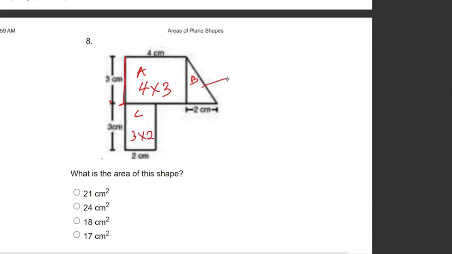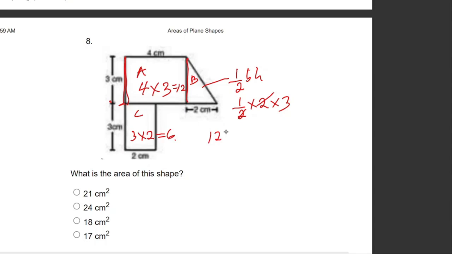Then this is a triangle, which is half base times height. So that is half times the base is 2. Why the height here is 3? So because this 3 is equal to this base, and that is 3. So this cancels it, that's 3. So this one will give us 12, and this gives us what? 6. So 12 plus 6 is equal to 18.